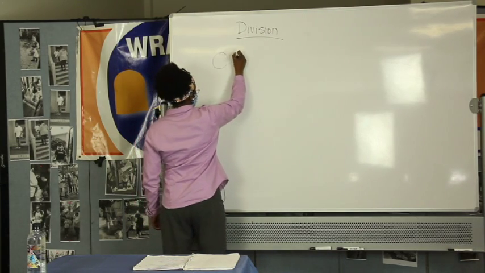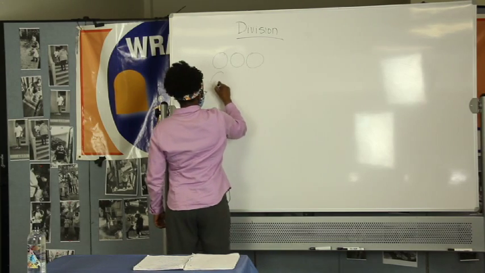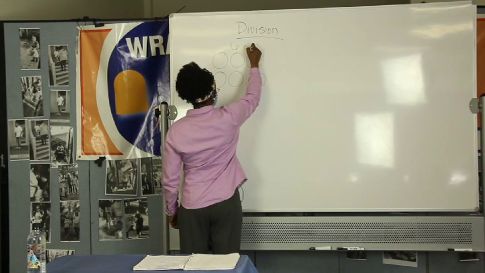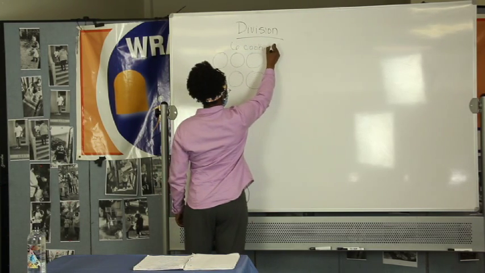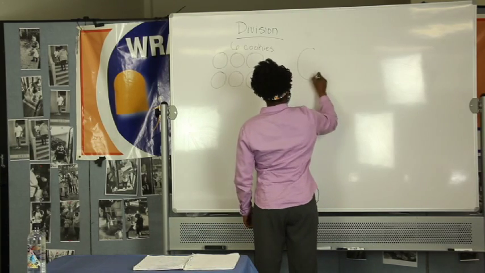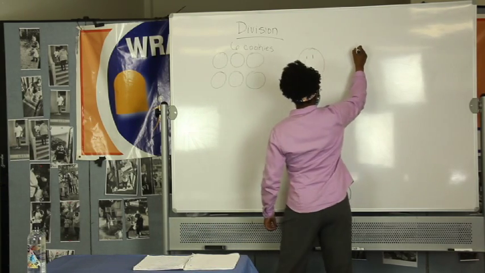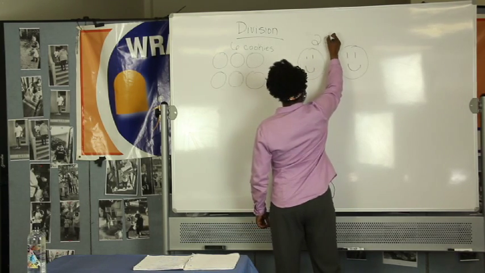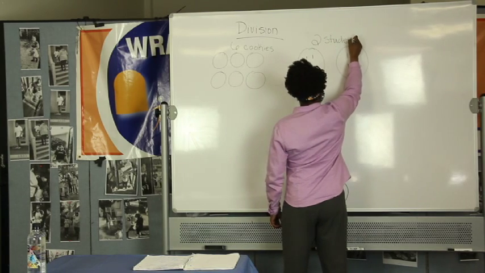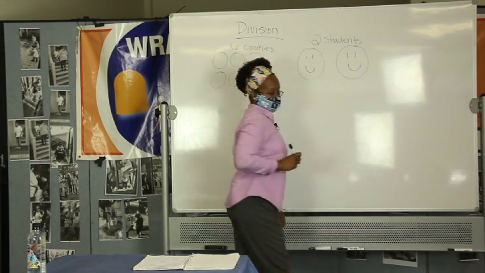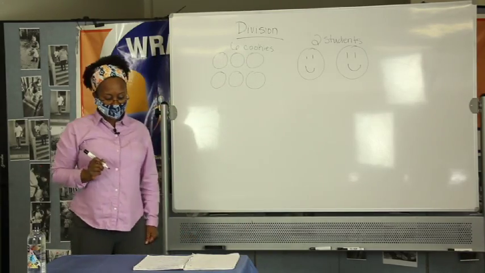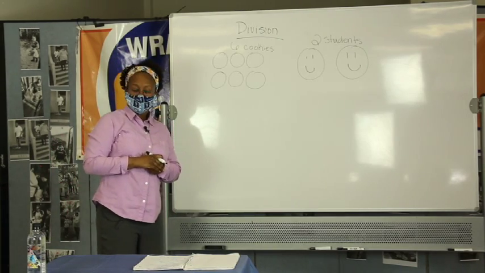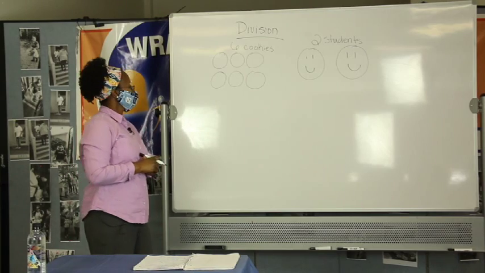If you have, let's say, 6 cookies, and you have 2 students, and I ask you to divide the cookies between the students. And I'm going to say, how many cookies does each student get?